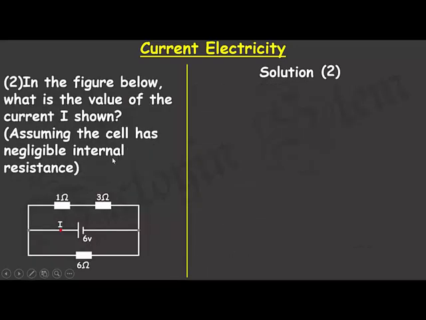Now to the second question. In this figure, you can see 3 resistors. 2 of these resistors are connected in series, and I will apply the method I used in the first question.